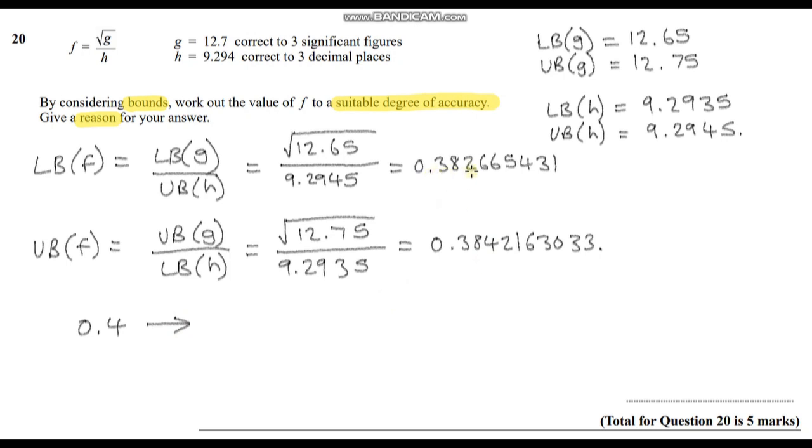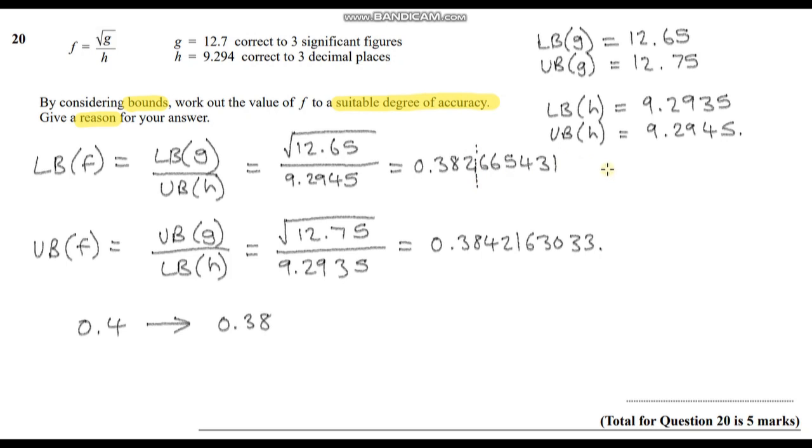Let's say, both of these numbers, if we round to 2 decimal places, notice they both round to 0.38. This is 382 and this is 384. They would both round to 0.38. Can we get even more accurate than 0.38? Well, this time we'd have to go to 3 decimal places.